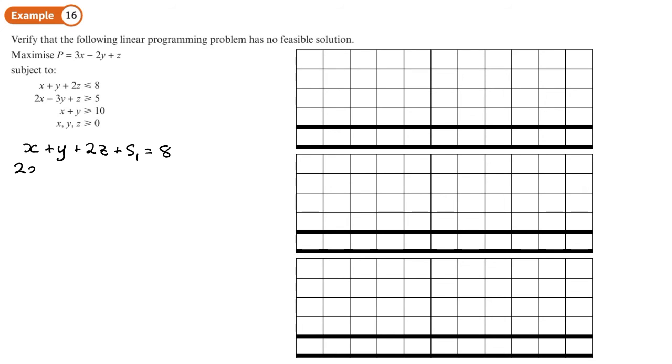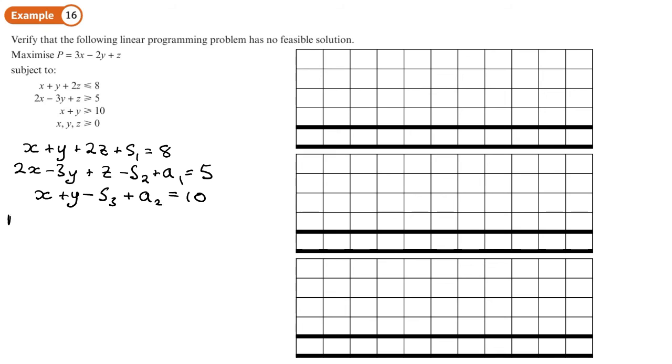Then 2x minus 3y plus z minus a surplus variable plus a1 is equal to 5. And then x plus y minus another surplus variable plus a2 is equal to 10.